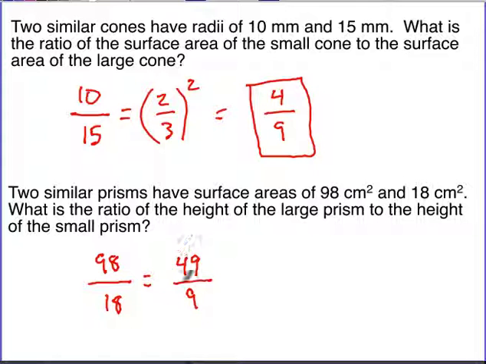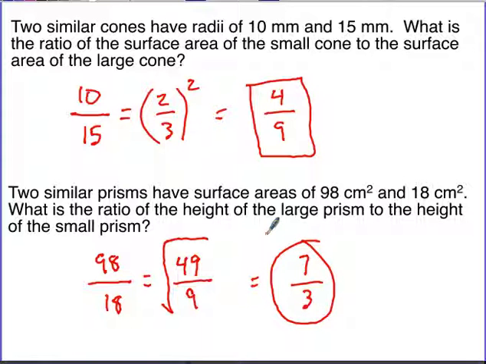What I have here is the ratio of the area, and I want to change it into the ratio of the height. Square root. So 7 over 3. It's going to be 7 over 3. It's the ratio of the height of the large one to the height of the small one.